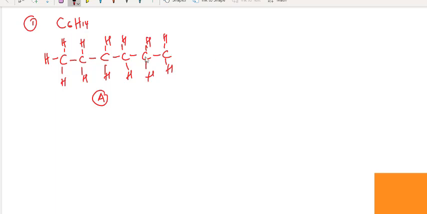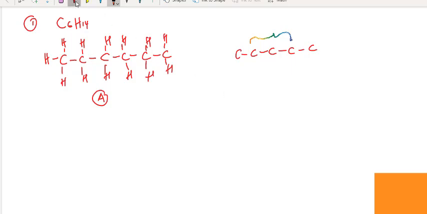For example, we can shorten it by drawing 1, 2, 3, 4, 5, only 5 carbons here. Another 1 carbon, we place in the middle of the structure. So how do we identify the middle of the structure? The middle of the structure is in this area.